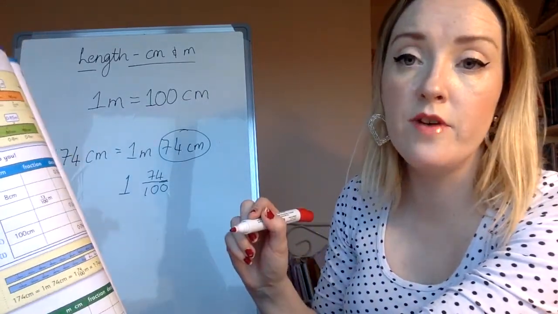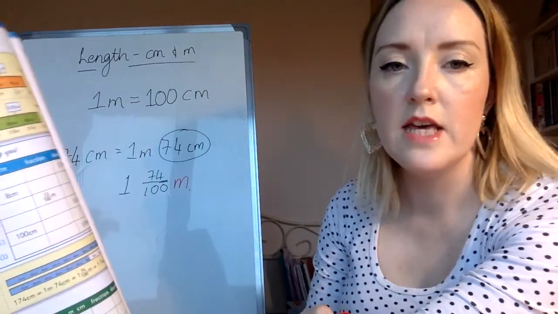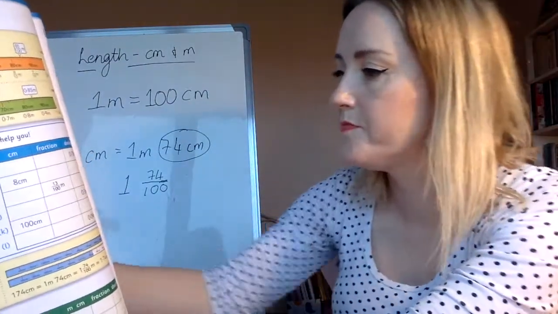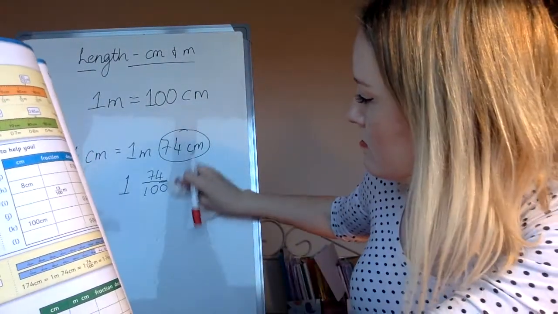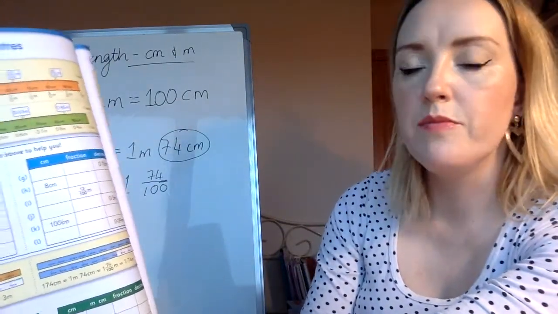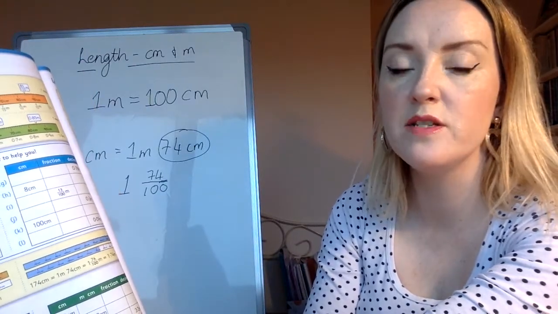Very important. Metres. If that metres isn't there, does that mean anything? If you sent that to a builder, or if you were measuring something for your work, does that mean anything to somebody?